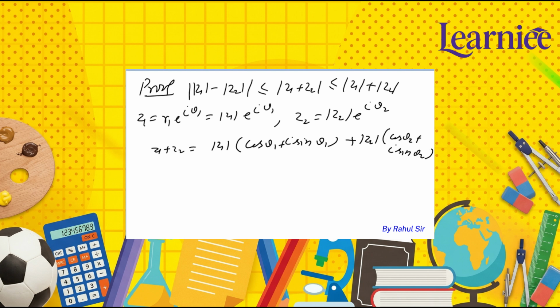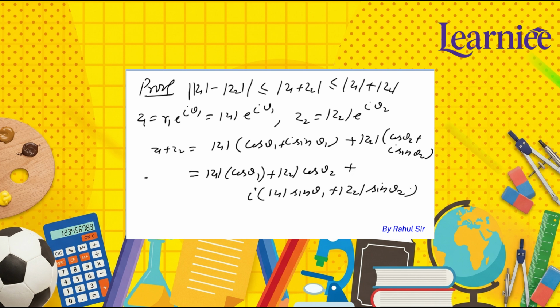Now let's simplify it further into real and imaginary parts. So the real part is mod z1 cos theta 1 plus mod z2 cos theta 2, plus i times the imaginary part, mod z1 sin theta 1 plus mod z2 sin theta 2. So this is z1 plus z2.